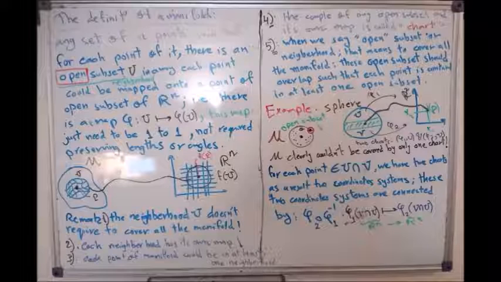There is another definition, which we call the overlap of charts. Considering just the intersection between them, we define it by phi2 composed with phi1 inverse. Clearly the domain of this composition of the two functions is Rn, and its arrival is also Rn.